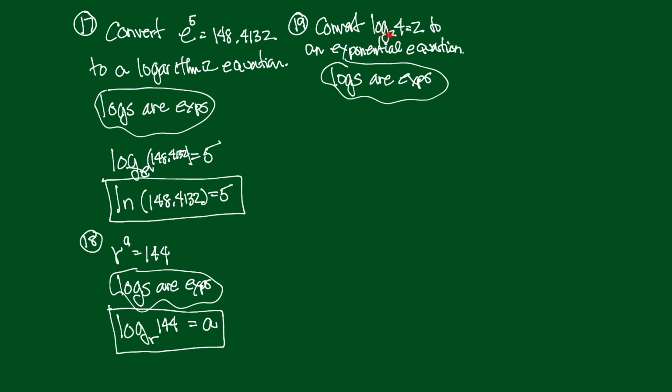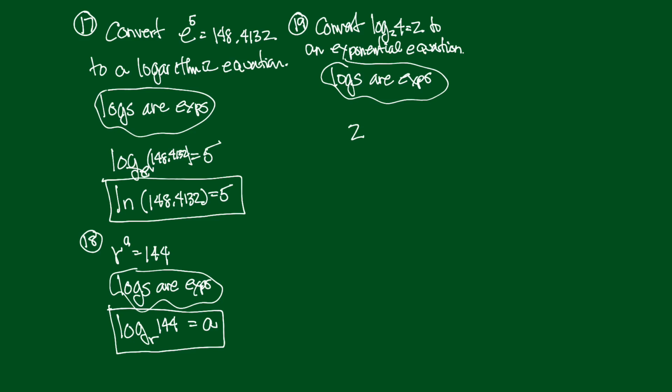We have the logarithm is 2. Now the logarithms are exponents. So I'm going to read this as the exponent is 2, right? Logarithm is the exponent. So the exponent is 2, and exponents go on bases, which also happens to be a 2. So there's the base.